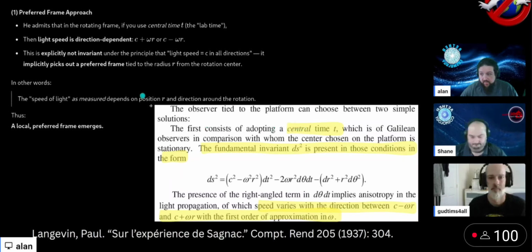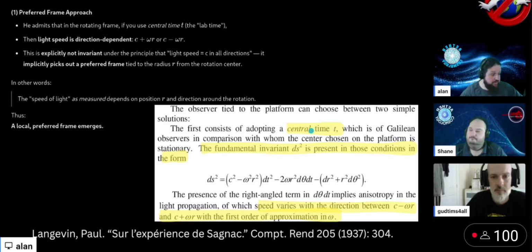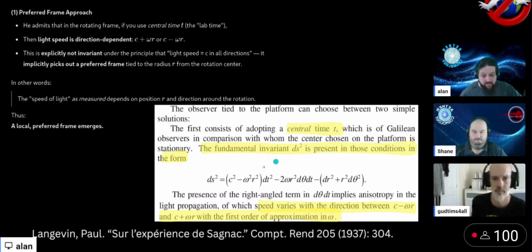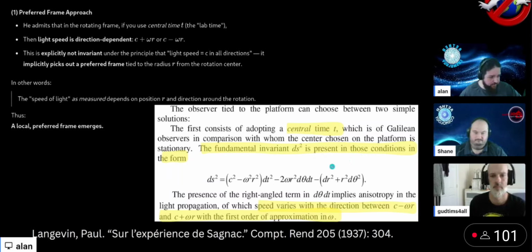The first thing he does is fix lab time to the midpoint, and that allows him to preserve the distance change. He'll be able to describe the timing difference based on the distance change by essentially rotating the coordinate system around that midpoint. So, Alan, it sounds like he's using a fictitious midpoint.